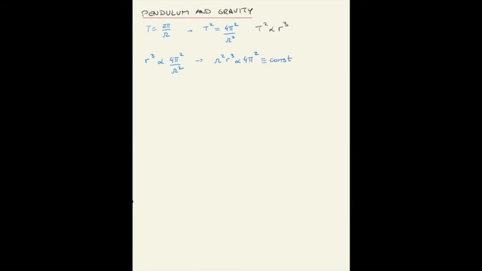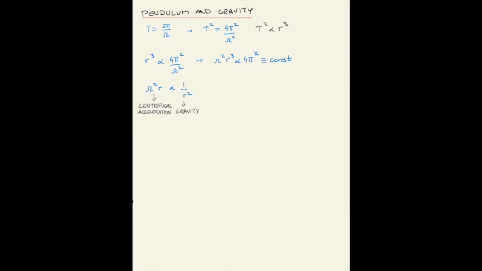So the left-hand side is also constant. If you divide it now by 1 over r squared, we find that whatever falls with r squared is omega squared times r, which was already known to be the modulus of the centrifugal acceleration, as derived by Christian Huygens in his analysis of the pendulum.